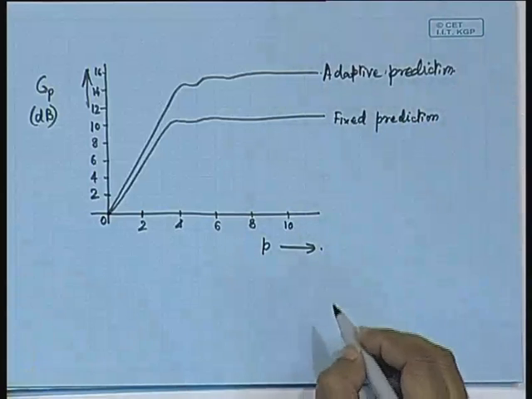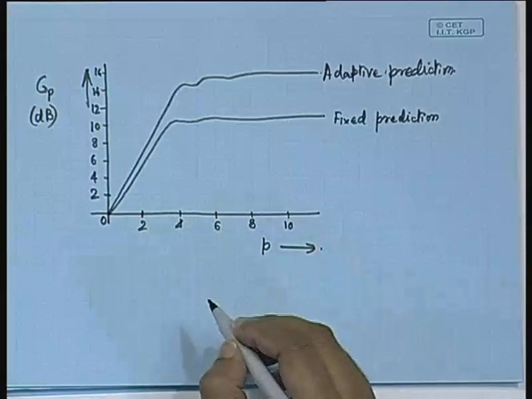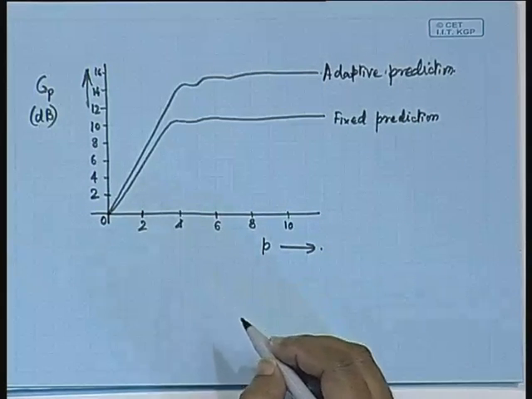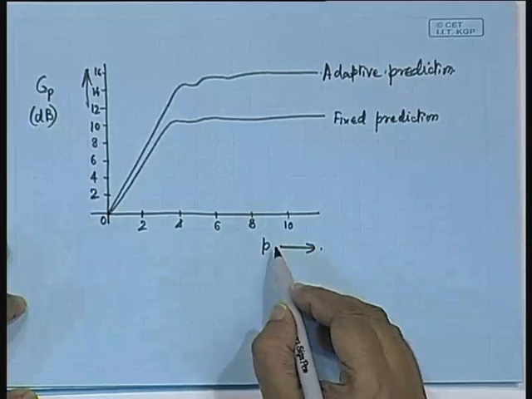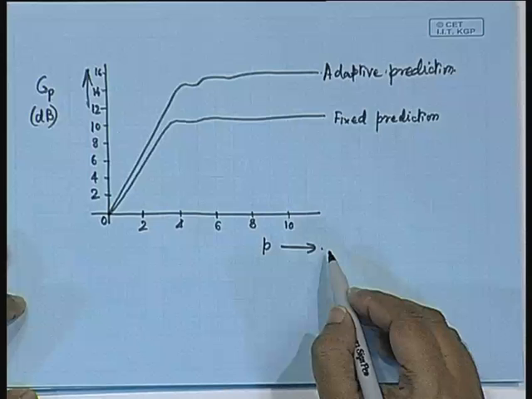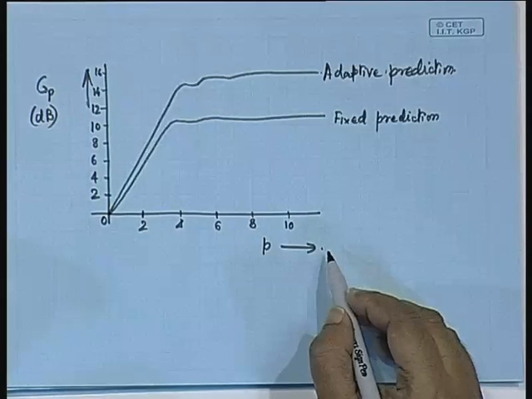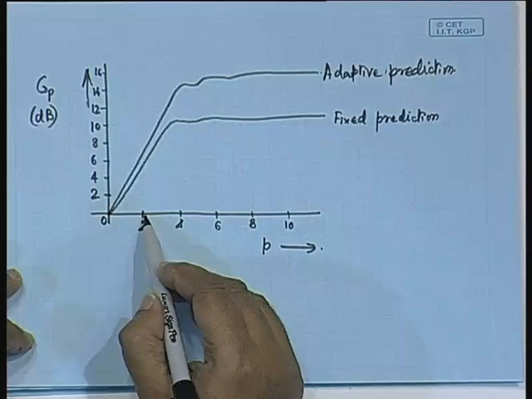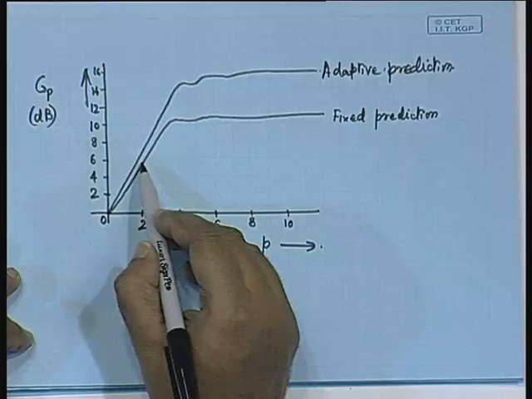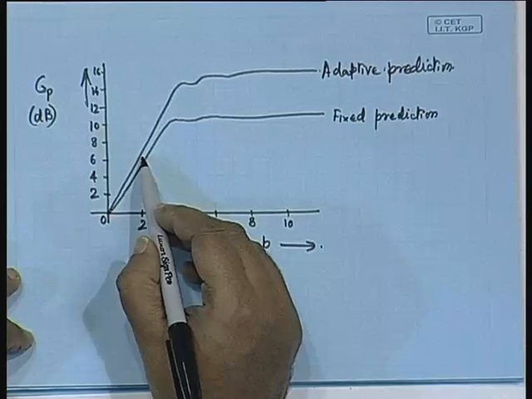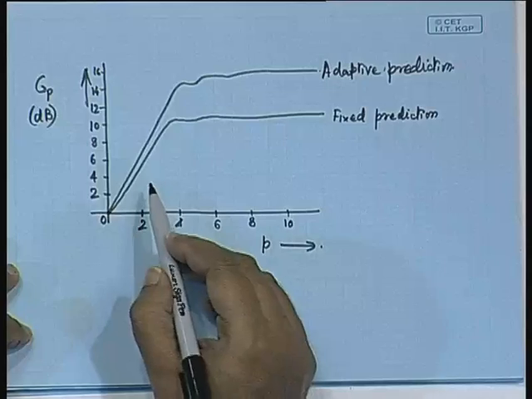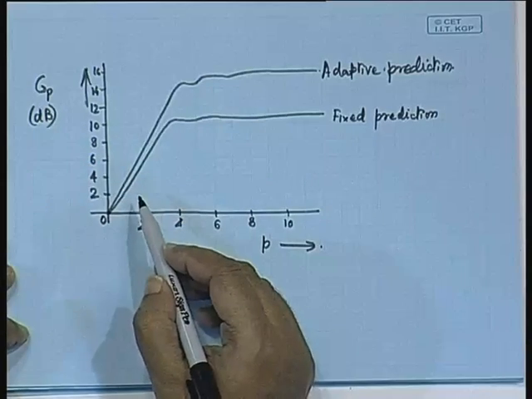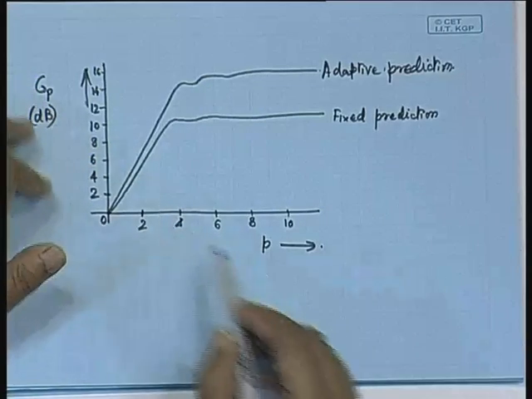You see that there are two observations that we can make from this. First is that with the increase in the value of P, the order of predictor, if we increase the order of predictor to 2, definitely there is some improvement in the gain GP.